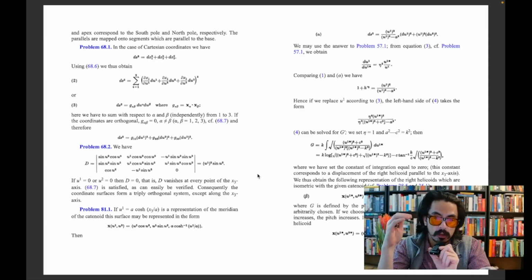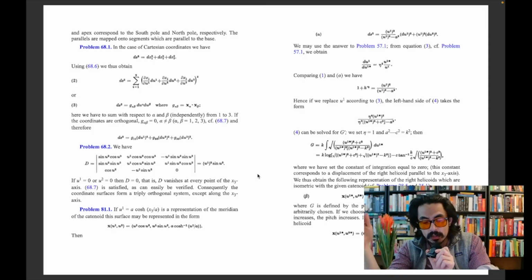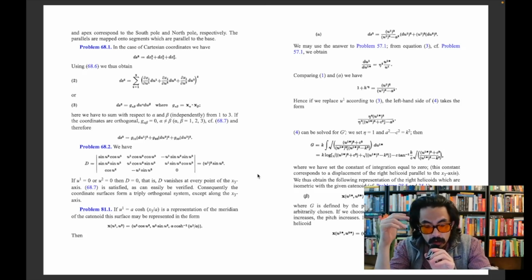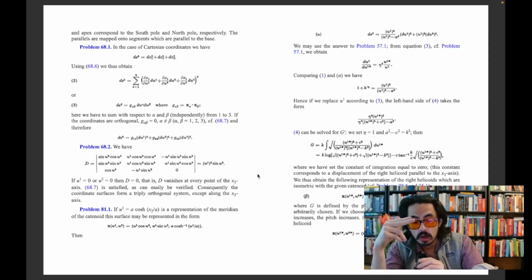That closes the second square root as well as the logarithm, because then that k times the logarithm of those two square roots is then minus c times the inverse tangent of k over c, and then times, presumably outside of the inverse tangent, we have a square root of a fraction where we have in the numerator u1 star squared plus c squared, and in the denominator we have u1 star squared minus k squared.